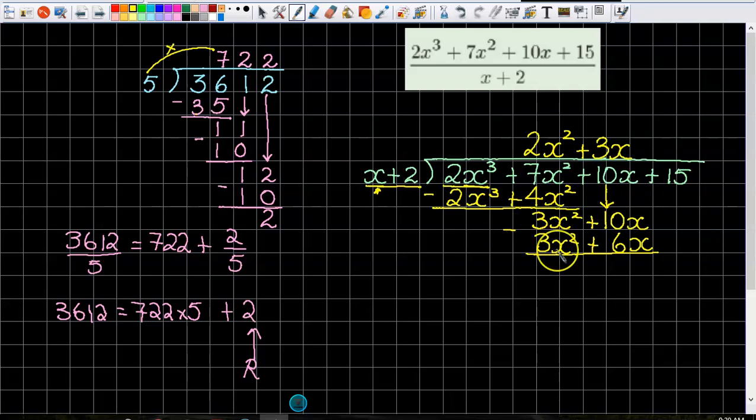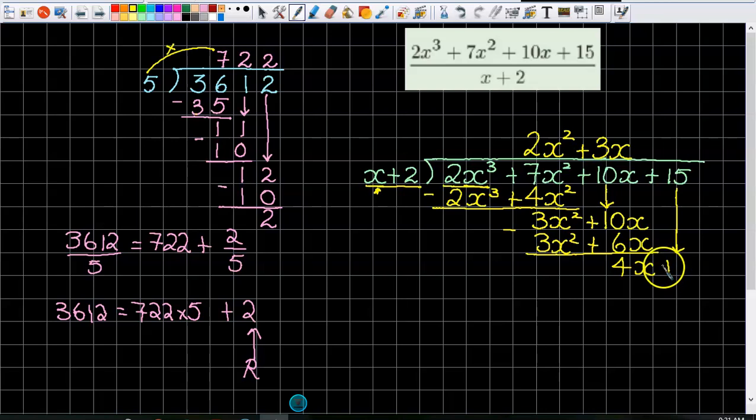So 3x squared take 3x squared, no x squared. 10x take 6x is 4x. Yeah? We're nearly there. Oh, that was a bit wobbly. Oh, that's nice.